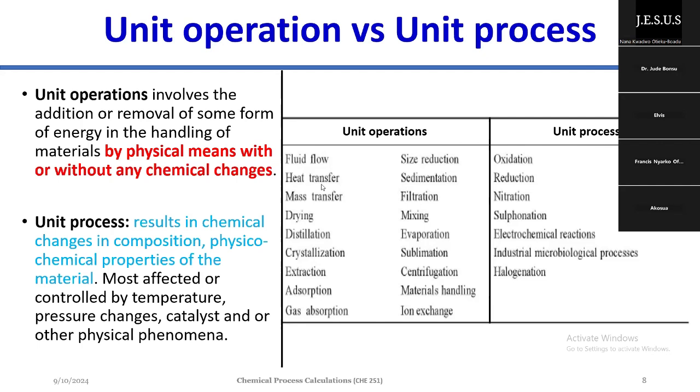So the unit processes involve a chemical reaction. Take something like oxidation: you're actually adding oxygen to a compound, and that changes the chemical composition of the new product formed. But in the unit operations, it's just physical processes, either a separation process or something.